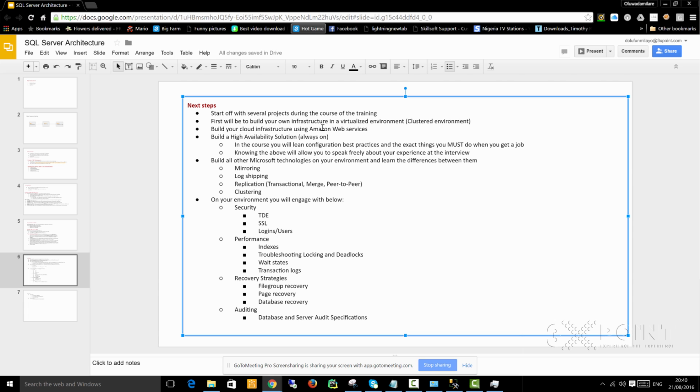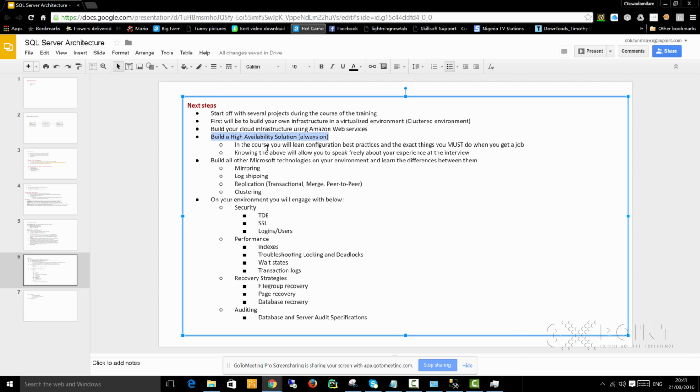As you have that, you would also build your own cloud infrastructure using Amazon Web Services. This will also help you to learn about cloud computing. We'll go into the security side of things, security groups, firewalls, and all of that. You will build your own high availability solution, which is always on.